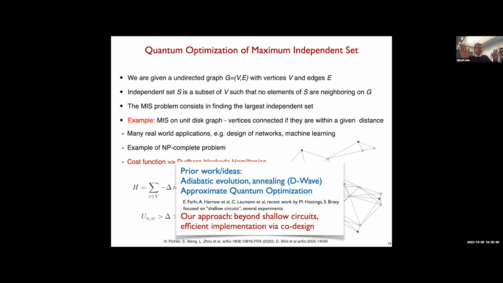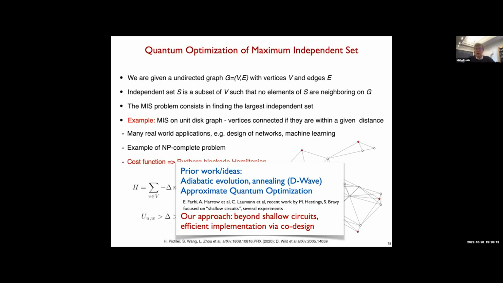So, of course, solving these optimization problems and accelerating them using quantum machines is a very active research direction, and there is a lot of theoretical work. There is also work on the D-Wave machine. But the key question here is, can you actually test these algorithms going beyond the so-called shallow circuit depths?